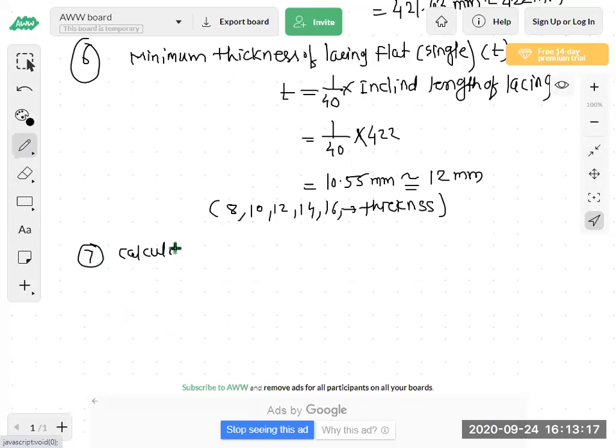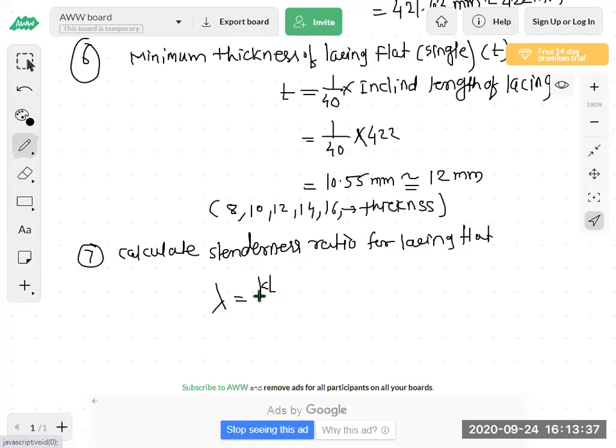So calculate slenderness ratio for lacing plate. So lambda is equal to KL by r minimum.